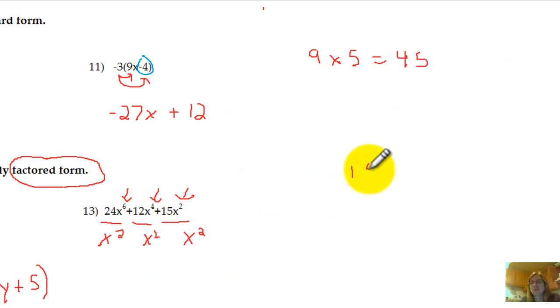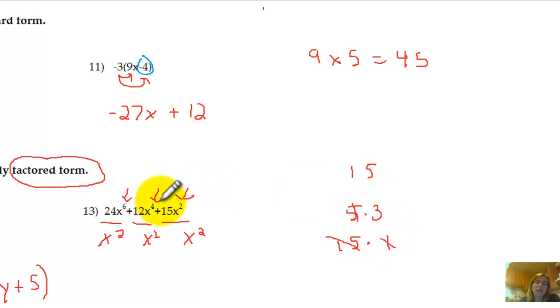Factors of 15 are going to be 5 times 3, and then 15 times 1. And you have to think, well, what out of these factors will also fit into 12 and 24? Well, 5 is not going to go. 15 is not going to go. 1 is not very helpful, doesn't do much. So 3 is really the only one left.